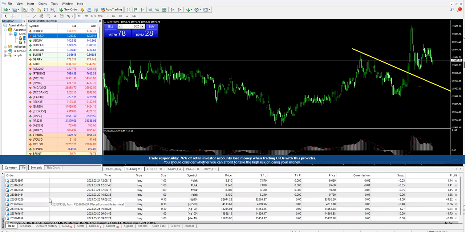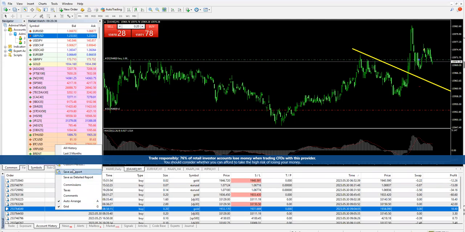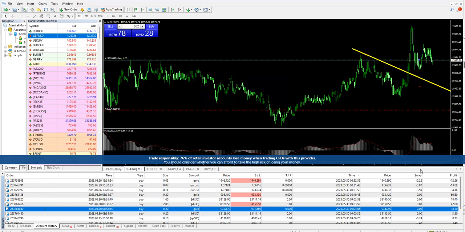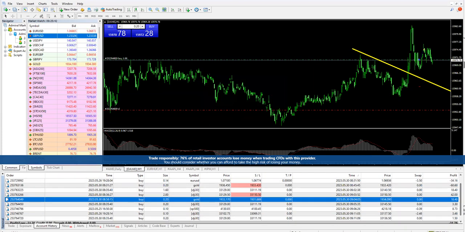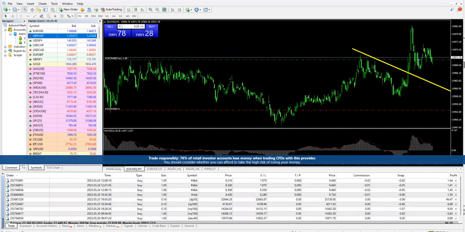It's not so easy to trade on two accounts. You will see. Let's calculate what we lost. $30 here. Doesn't matter. And we have to wait.